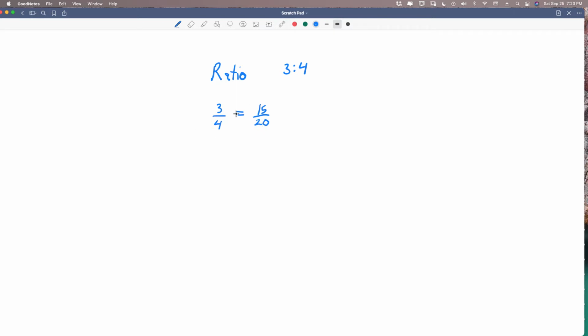So in this instance, we have what's called a scale factor of 5, because we multiplied this side by 5 to get this side. We increased this side by 5 to get this proportion here. We could also divide this side by 5 to get the original ratio.